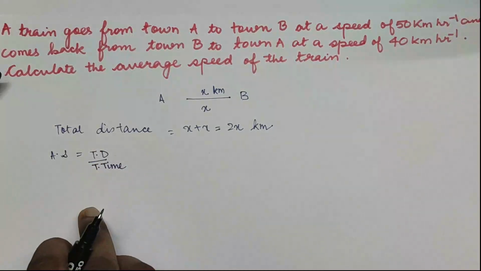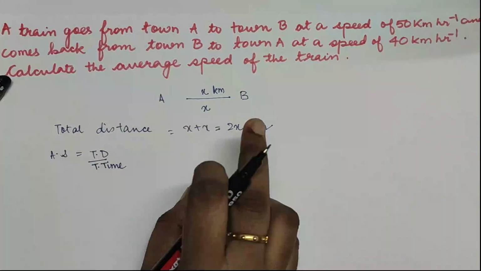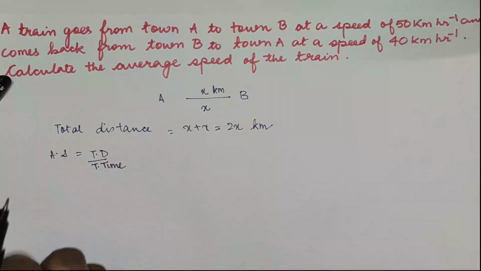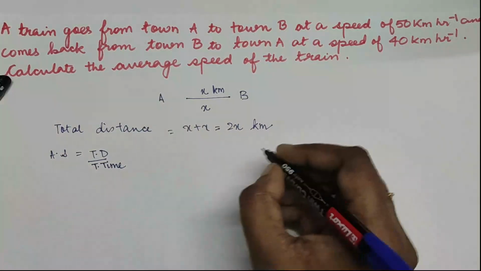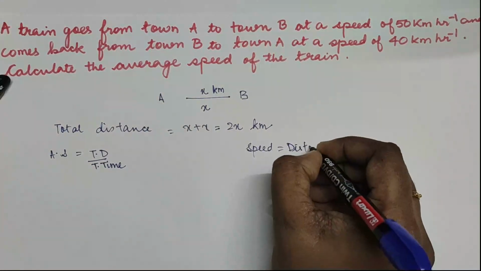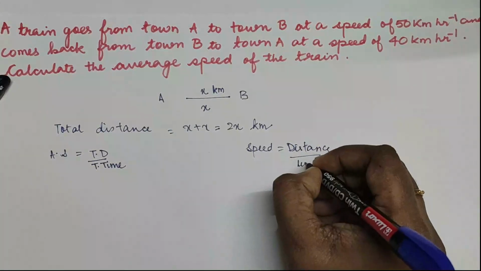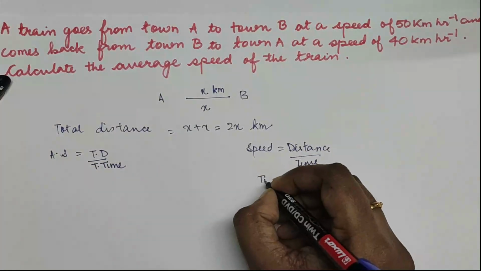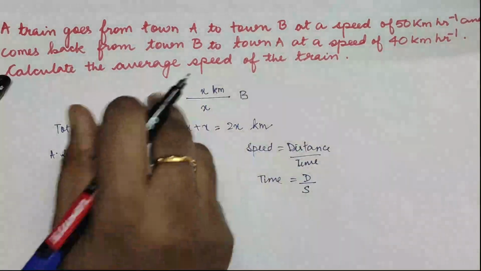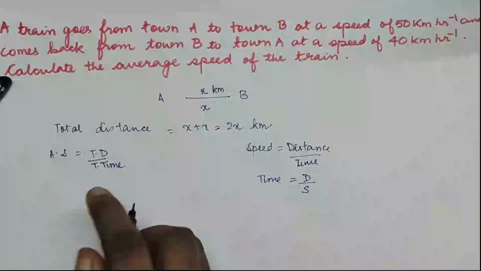I know the total distance now, but I don't know the total time. But I can calculate the time based on the formula speed equals distance by time. If I need to calculate time, I need to do distance by speed. So here distance is x and speed is 50 km per hour.